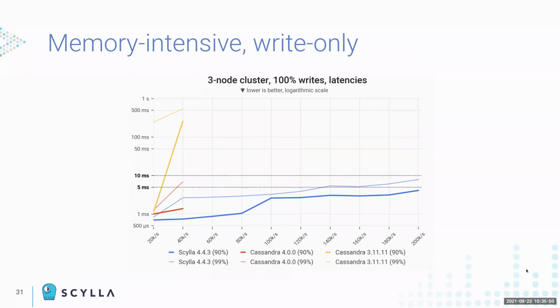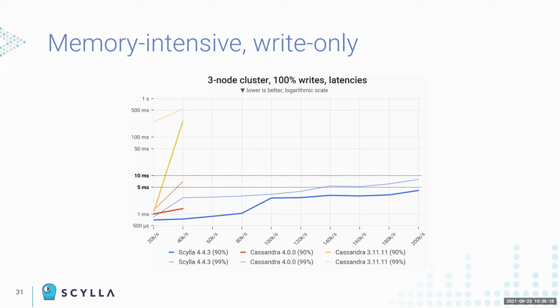Okay, let's move over to the memory intensive workload. And this workload is where the throughput difference gets really impressive. Scylla can steadily handle the traffic up to 200,000 operations per second, and all of it with P99 latency under 10 milliseconds.